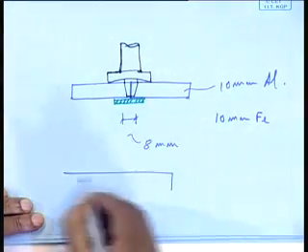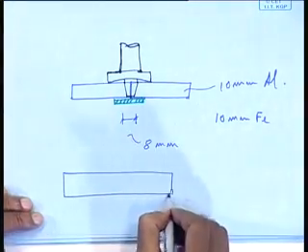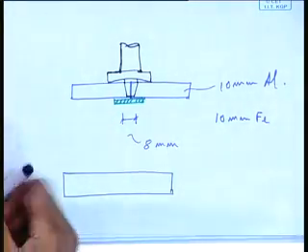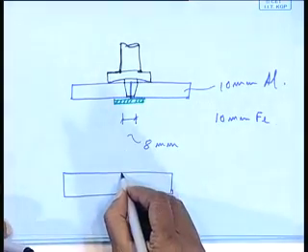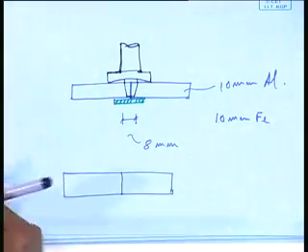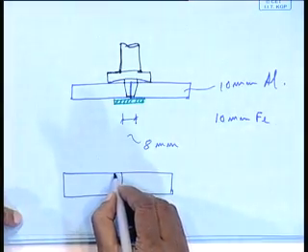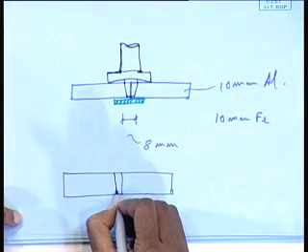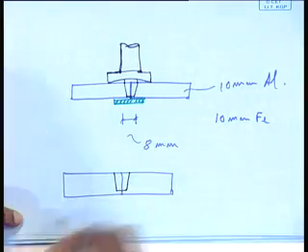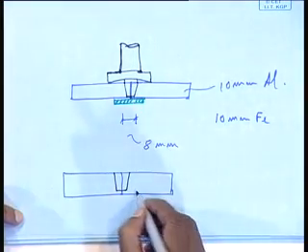That means, if the plate thickness is this, and this is the butt, and the nib plunges inside only up to this much, then what happens?